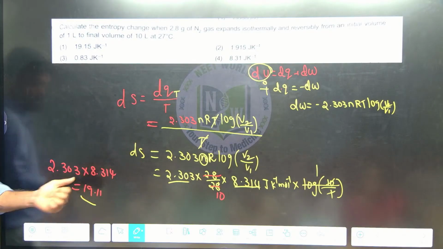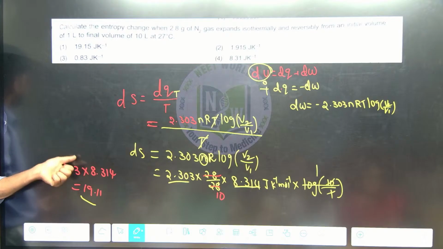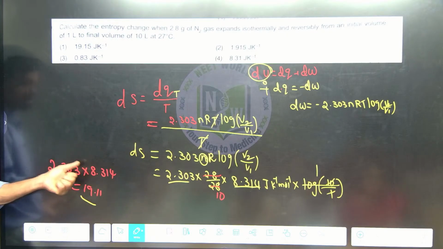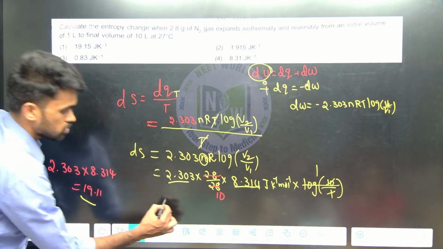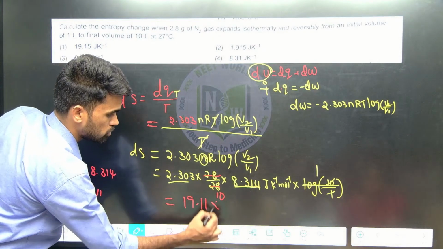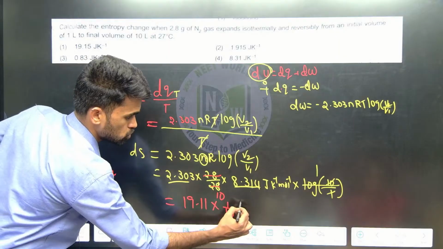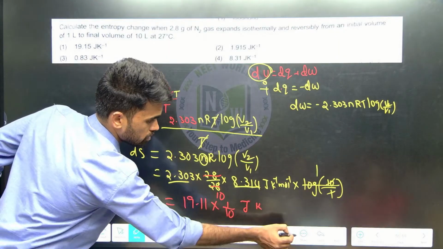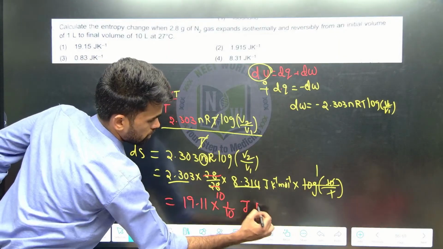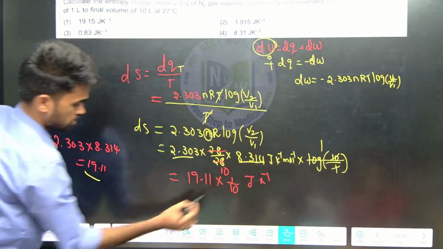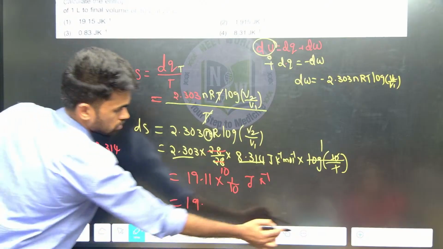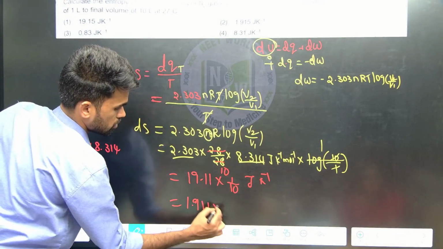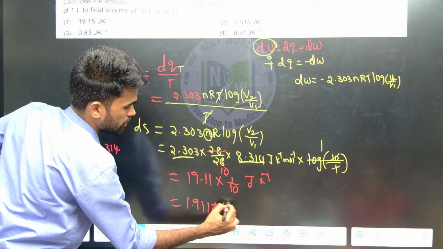Whenever you are solving, you will see this data most commonly. So you just remember 2.303 into 8.314 is around 19.11. So 19.11 into 1 by 10 joules per Kelvin. So what is your answer? 1.9 joule per Kelvin.